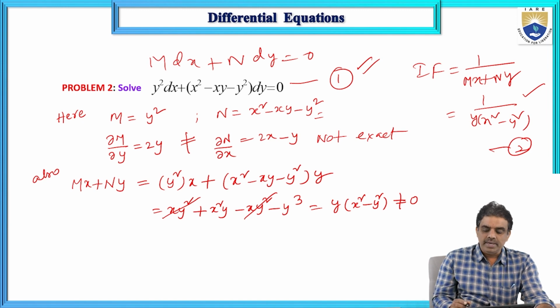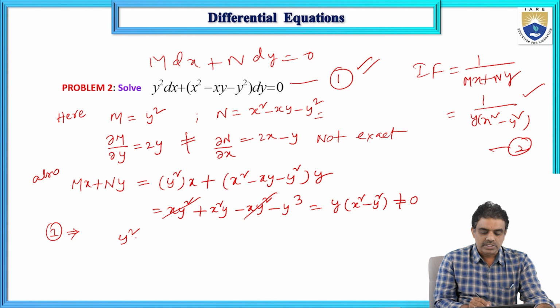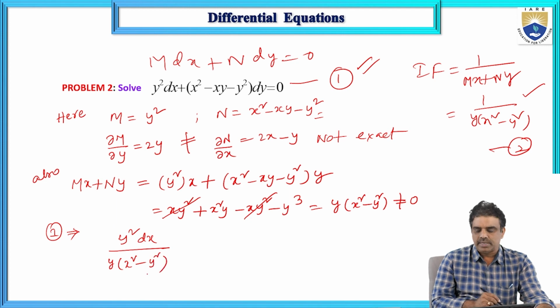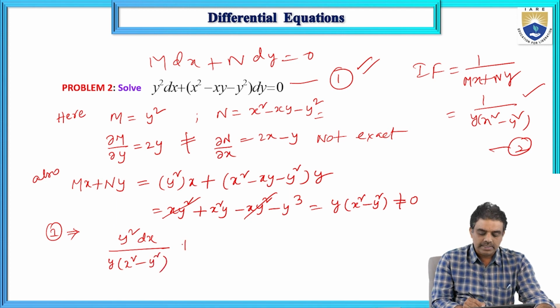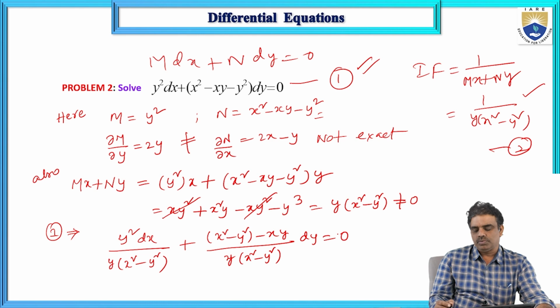On multiplying equation 1 with 2, we get y square dx by y into x square minus y square as the first term, and the second term is x square minus y square minus xy by y into x square minus y square of dy is equal to 0.